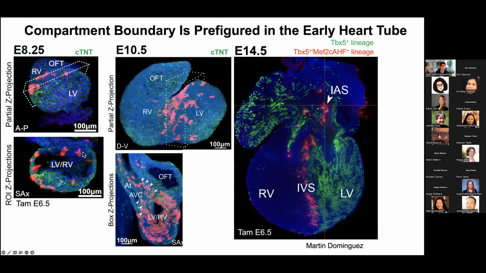After rightward looping, this ring expands into a band of cells, from the outer groove, this interventricular groove, to the inner groove of the heart. And you can see by cross-section this really spectacular pattern of this band of red cells, where the red cells contribute to what will become the interventricular septum.